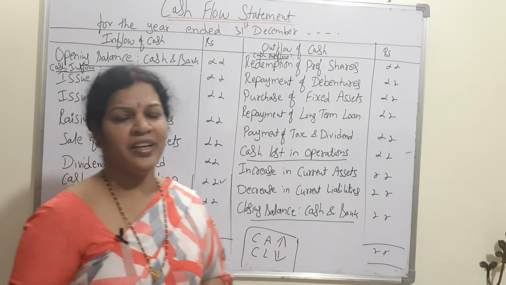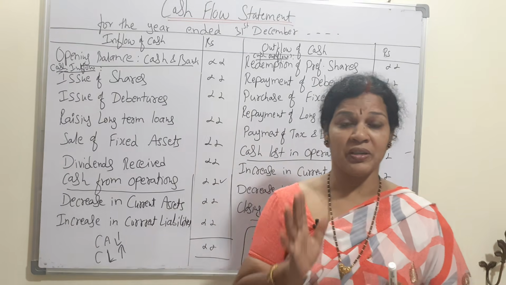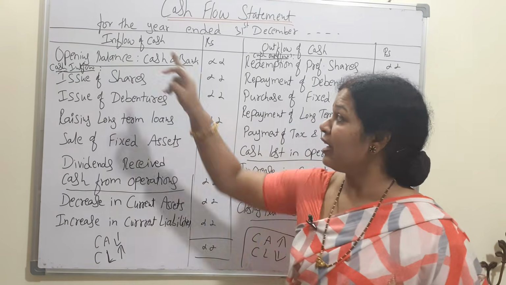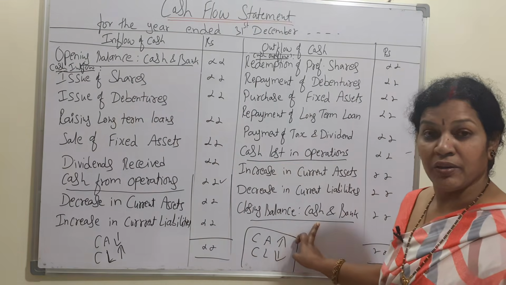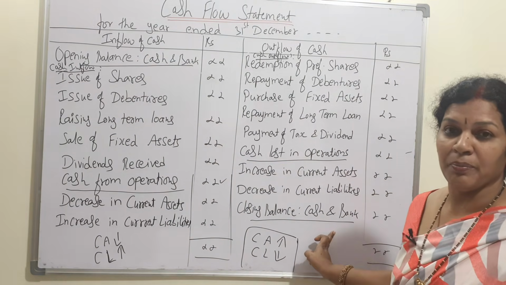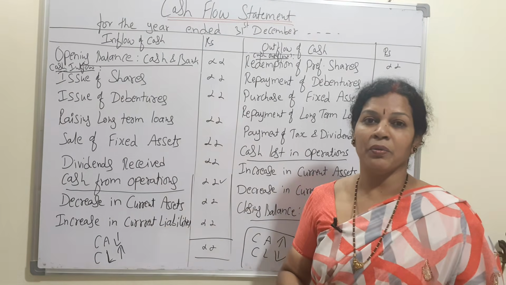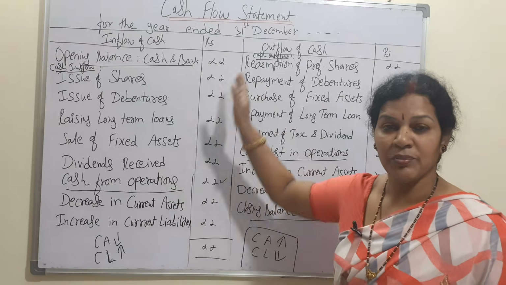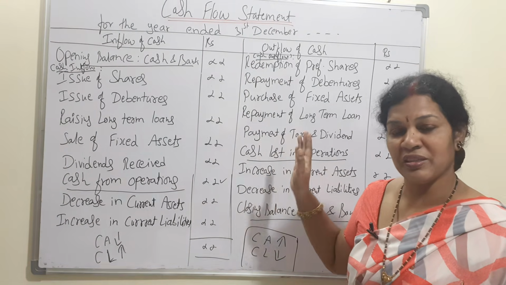That's it. In a nutshell, I can tell you one thing. Cash flow statement first will start with the opening balance of cash and bank, and end with the closing balance of cash and bank. Then other inflows, like all these things come, and other outflows. Whatever we have done in the fund flow statement, same thing.